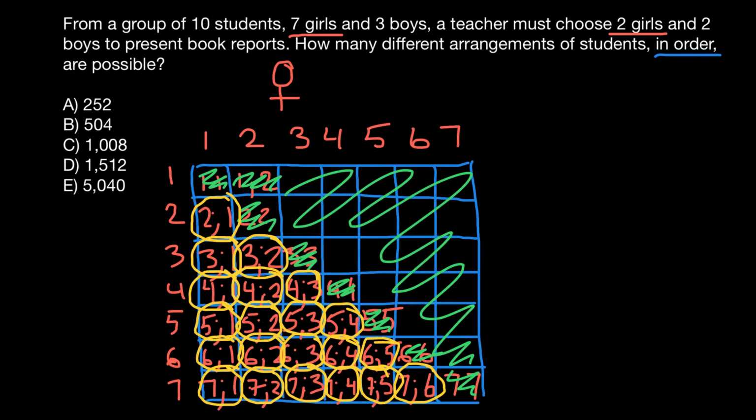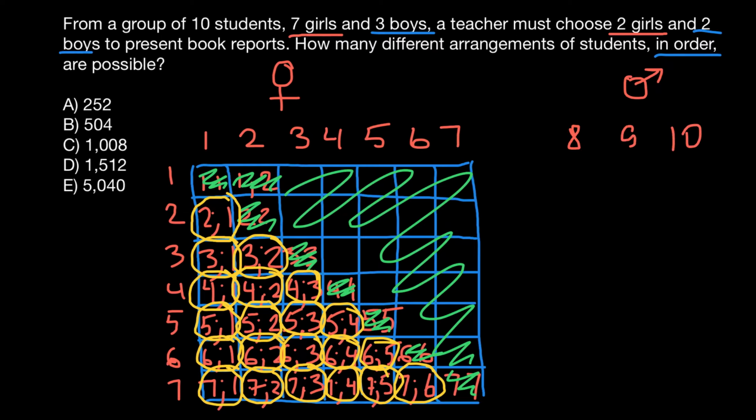We were also told that we have to choose 2 boys out of 3 boys. Again, let's say we have a group of boys here, and the names of the boys would be 8, 9, and 10.